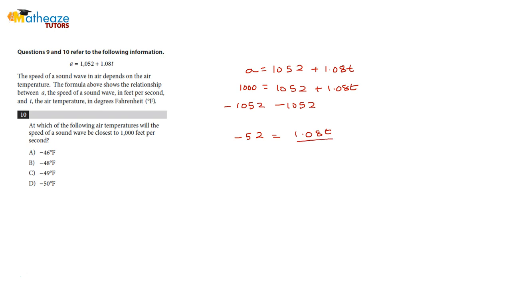So we divide by 1.08, and this is going to give us t. If you plug this in the calculator, you will end up with negative 48.14. So t is very close to negative 48 degrees Fahrenheit.